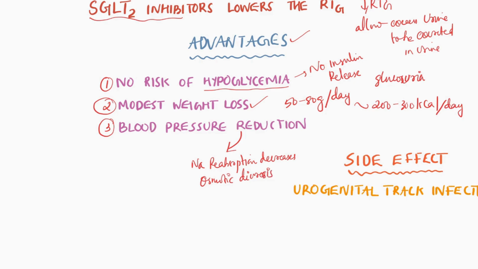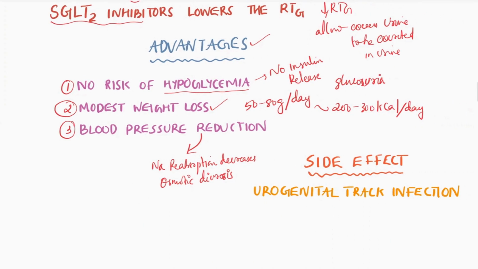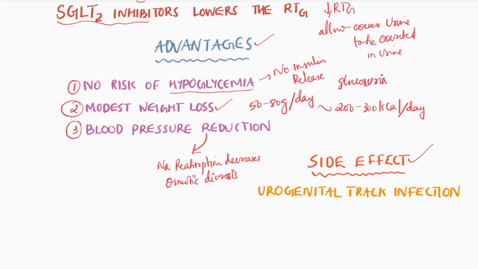This mild volume reduction can lead to a decrease in plasma volume and arterial stiffness. Overall, it can cause a reduction in systolic and diastolic blood pressure, typically around 3 to 5 mmHg, without triggering reflex tachycardia.